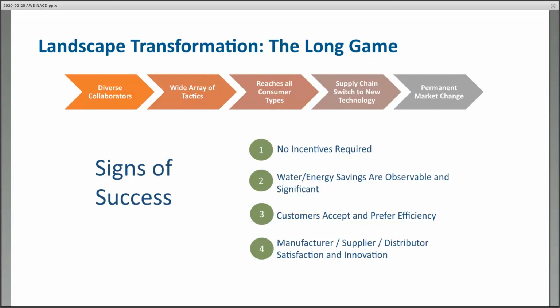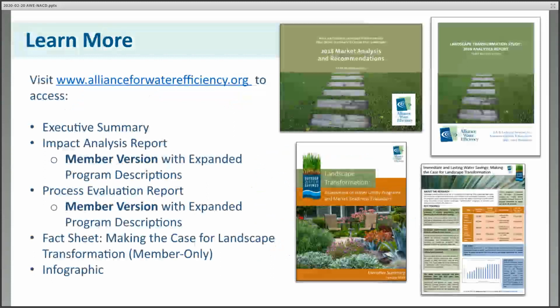And that's largely because the market has fully transformed. That's where the competition is among companies. They want the WaterSense label. They want that efficiency. That's what customers want. And so when you go to a store, you almost have to seek out a 1.6.